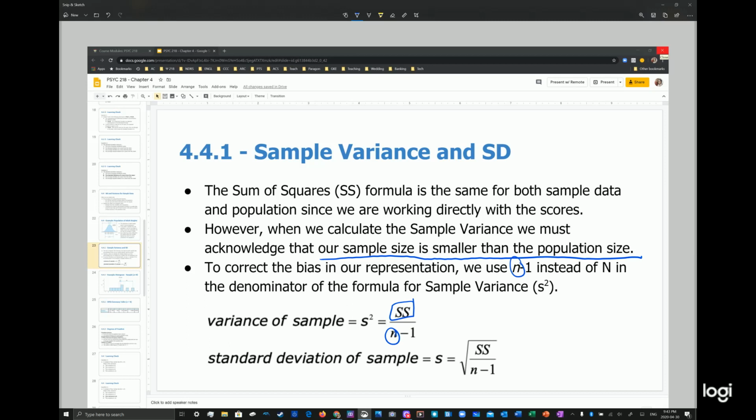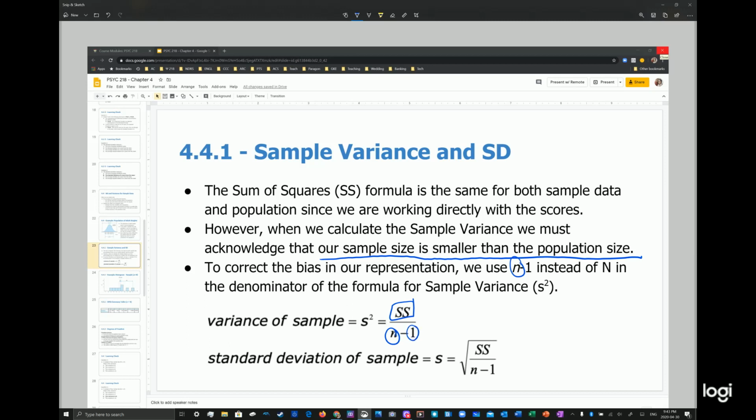And another way of looking at this in a simple perspective is that when you divide something by a smaller number, the variance would be larger, or at least the result would be larger than if you were to divide by a larger number. Now, how come it's 1? Well, we'll talk about that with degrees of freedom.